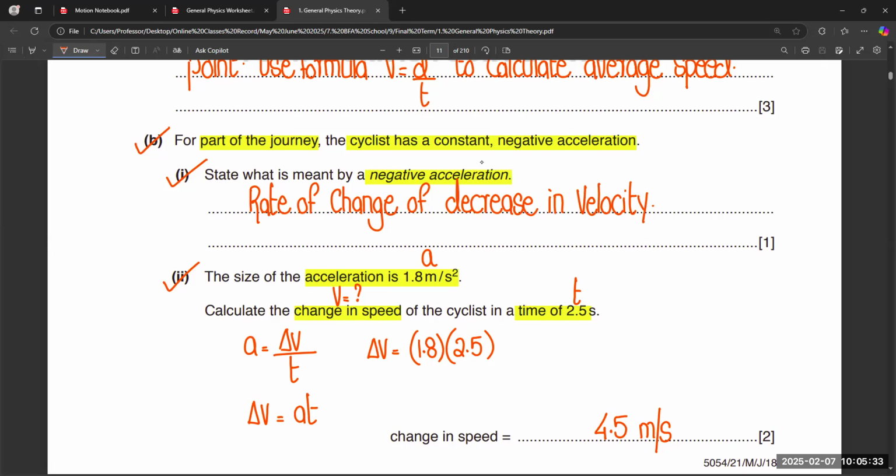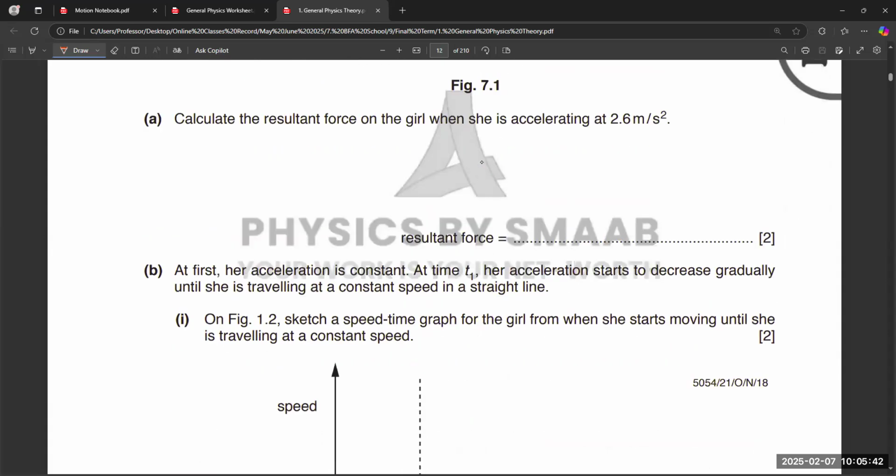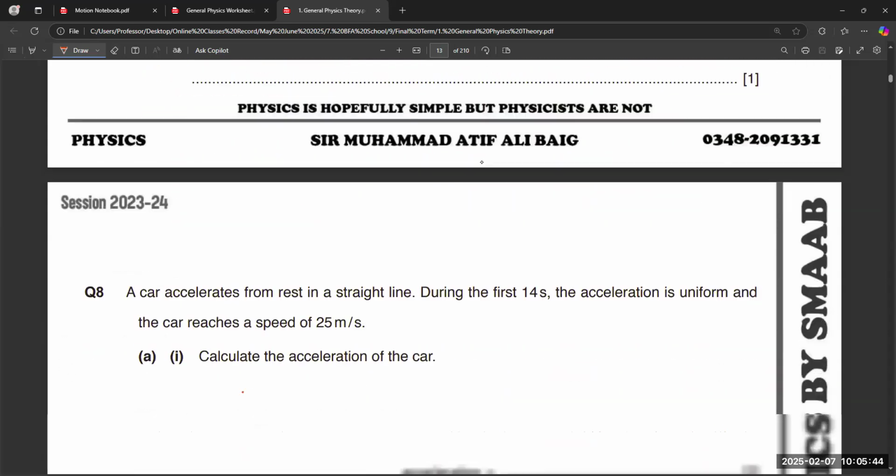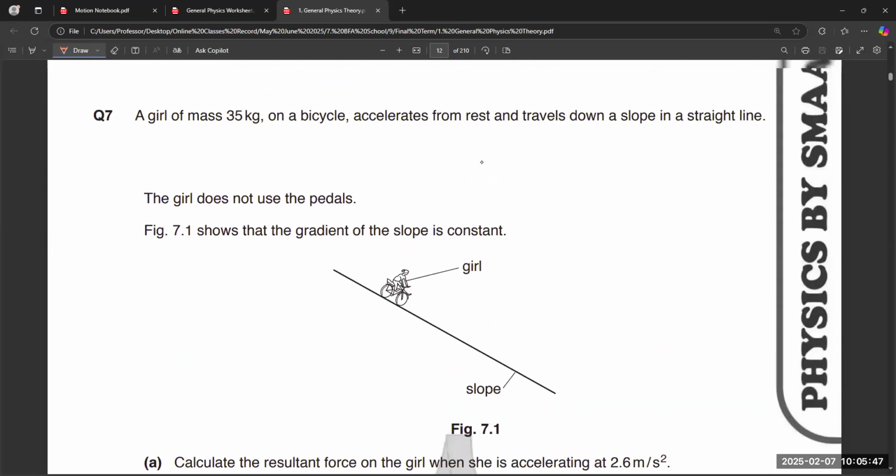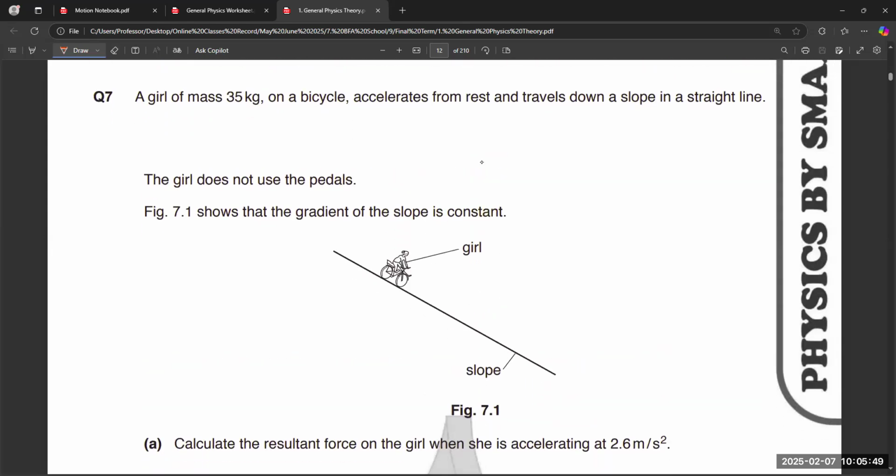So this is another question. Okay, this is another question related to the same idea. A girl of mass 35 kg, mass is given, on a bicycle accelerates from rest.